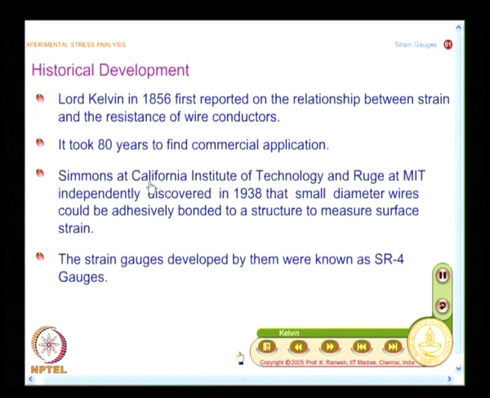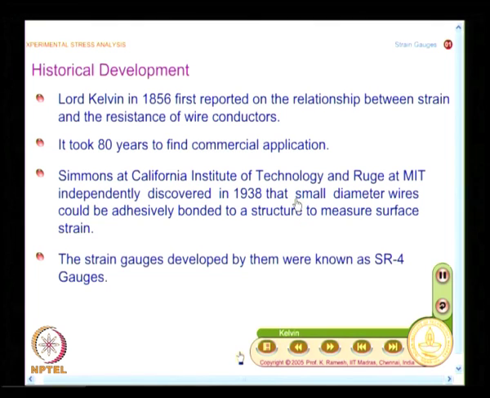Whatever strain gauge was developed by them was famously known as the SR4 strain gauge. We will see S stands for Simmons and R stands for Ruge, and 4 stands for a team of 4 people who contributed. We will see that development in detail.